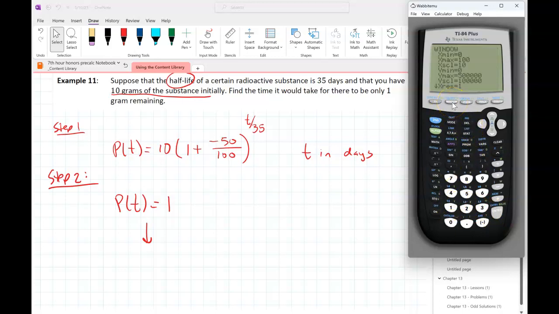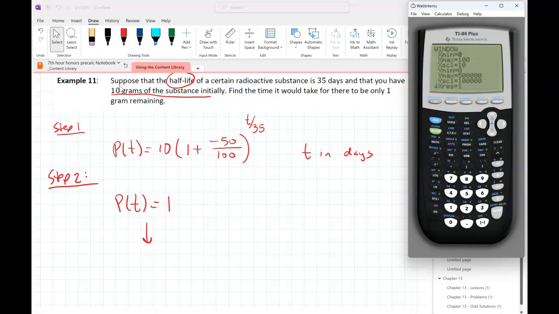Okay. I'm going to set my window now. The x's are often the trickier one. Obviously, since t is time, the x-min should be 0. But let's think about this. To go from 10 grams, if I do 1 half-life, that turns to 5. 2 half-lives is 2.5. 3 half-lives gives me 1.25. 4 half-lives will be less than 1.